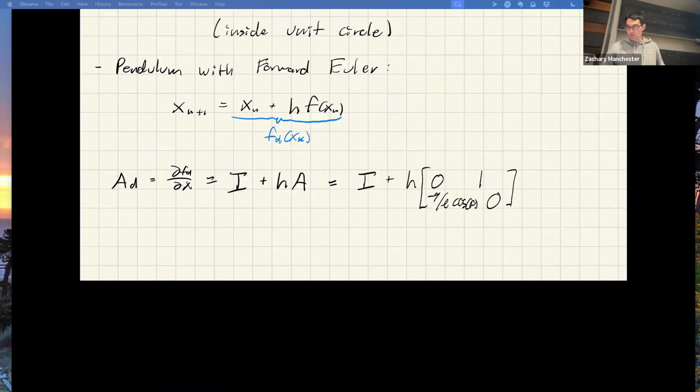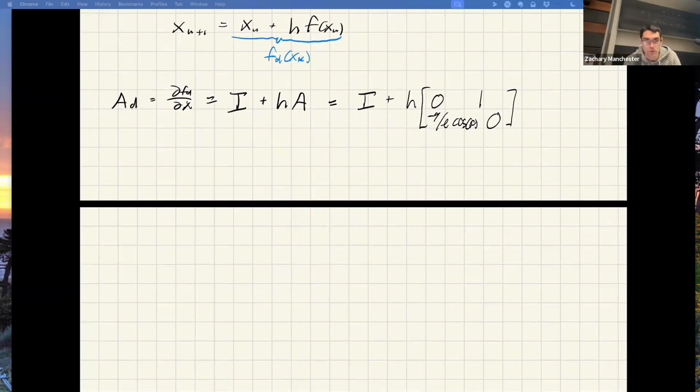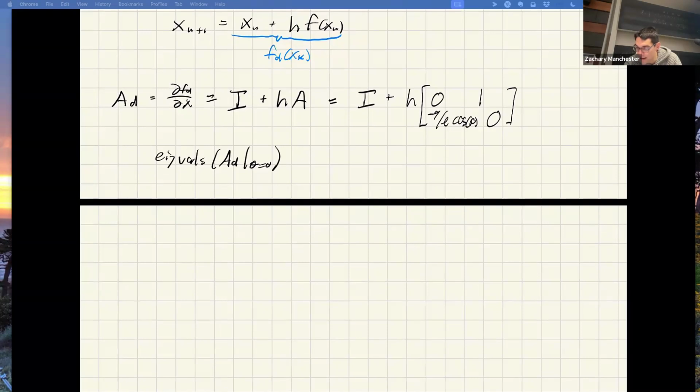I'm not going to do this by hand because it's annoying, but we'll do it on the computer real quick. If I evaluate the eigenvalues of this at theta equals 0, our downward equilibrium, remember in the continuous time case they're pure imaginary, which in the discrete case would mean exactly on the unit circle, exactly 1. But it turns out they actually come out to be something like 1 plus minus 0.3 i, which is weird.